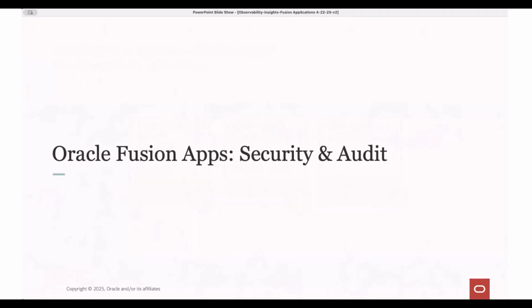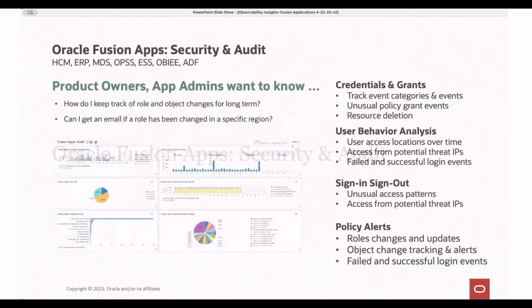Right. Let's drill down next into what we offer for Fusion App Security and Audit. This is an area where we are collecting these logs at different frequency, if you like them to be, from 30 seconds to hourly to weekly, whatever your business process cycle is.